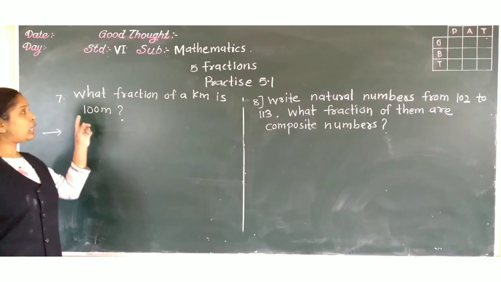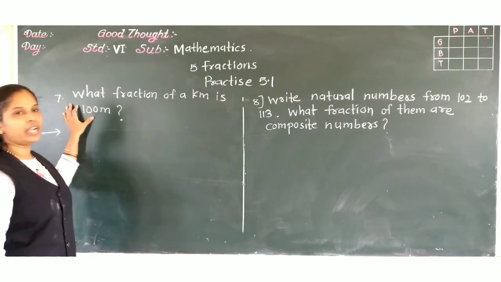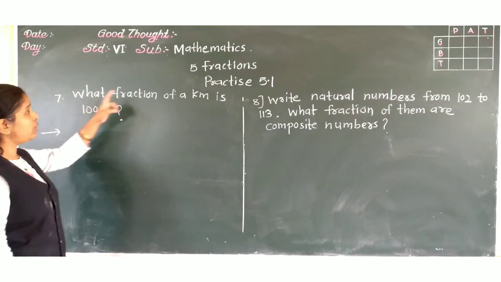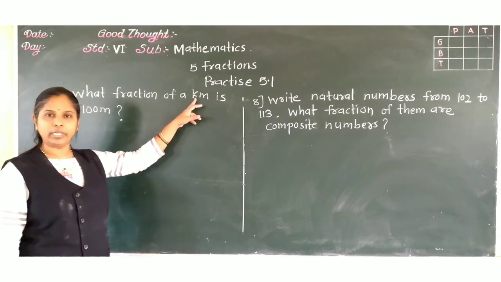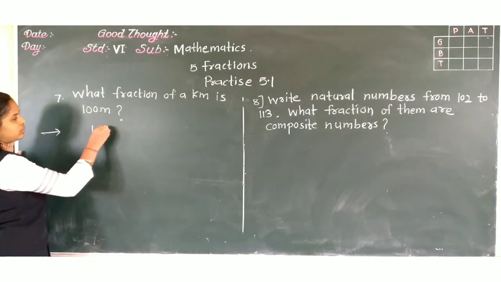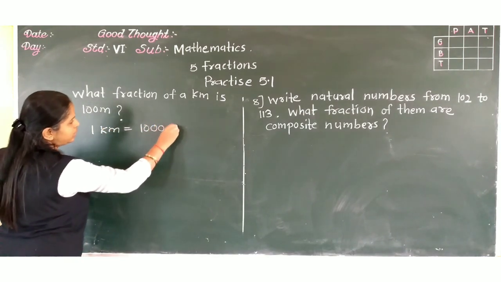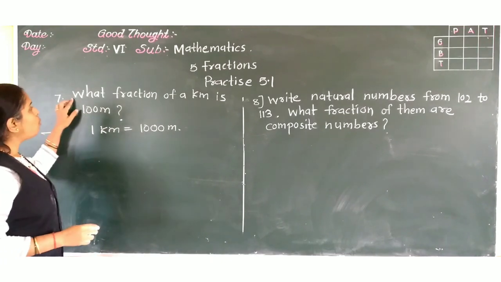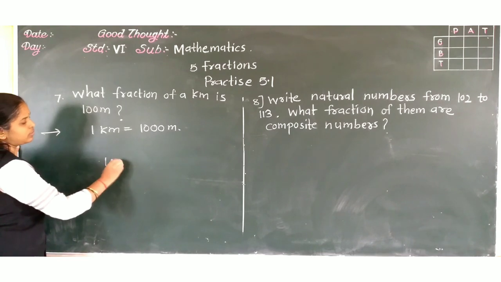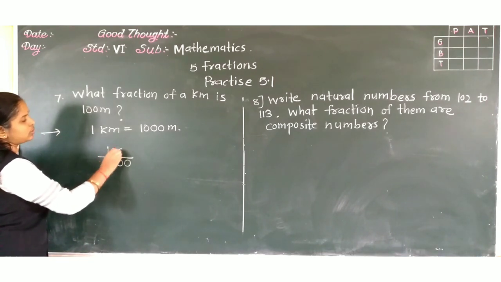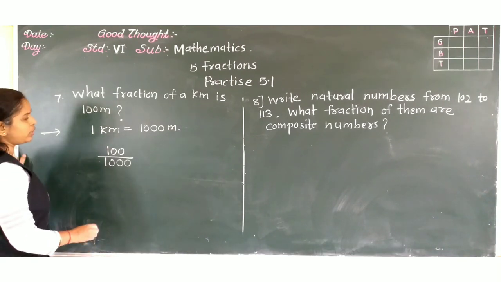Follow? Now see, what fraction of a kilometer is 100 meter? So here kilometer, here meter. So we will convert them into meter only. 1 kilometer is equal to how many meters? 1000 meter. Correct? Now, what fraction of a kilometer is 100 meter? That is 100 divided by 1000. So what will be the answer?